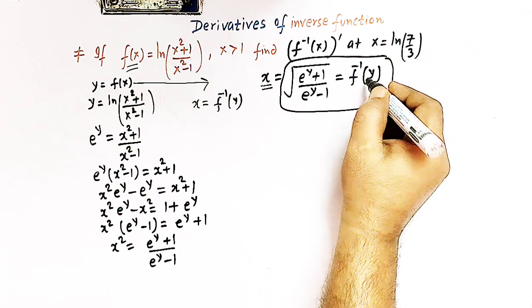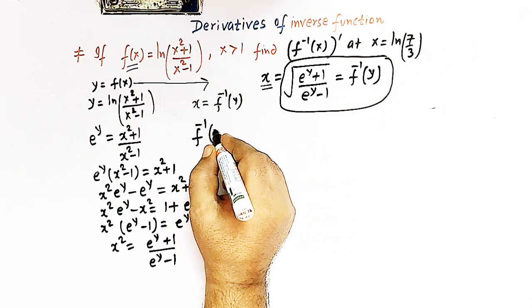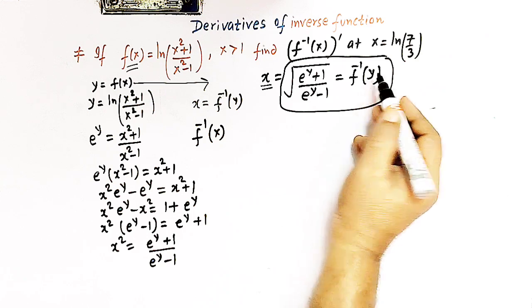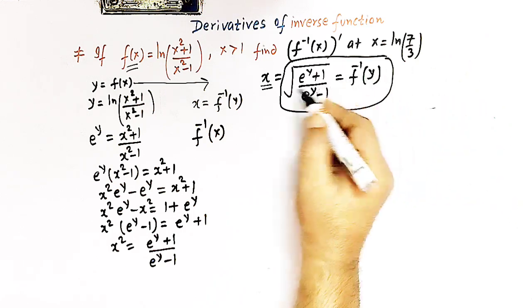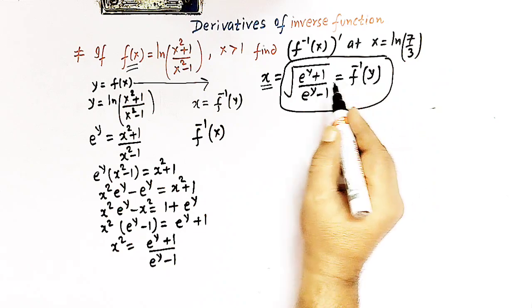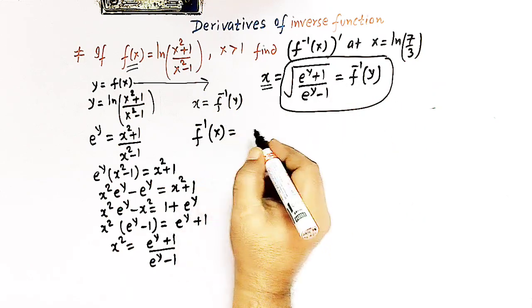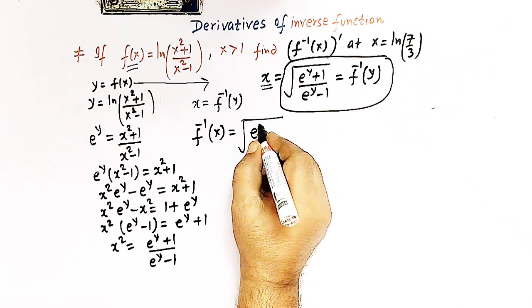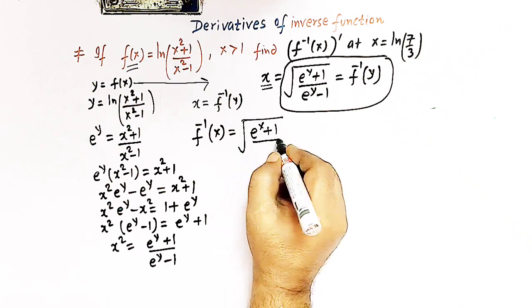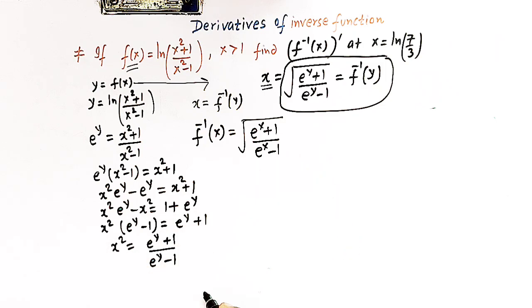So now this expression can also be written as f inverse of x. Now changing the variable or the notation, that is x for y, we can simply write f inverse of x is equal to square root of (e raised to x plus 1) over (e raised to x minus 1), right?